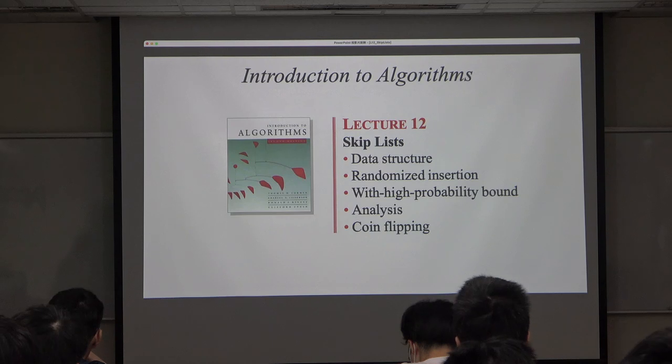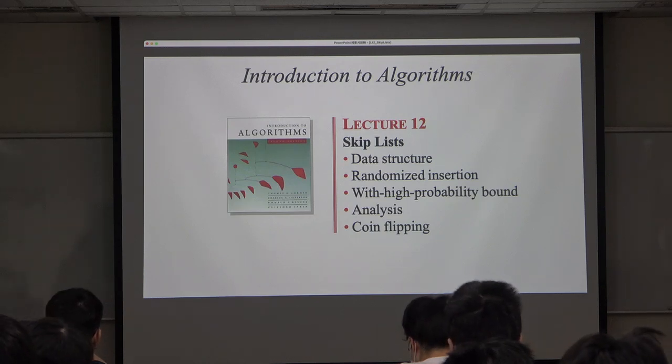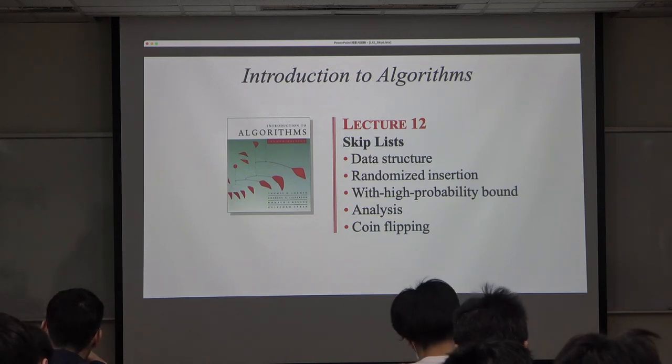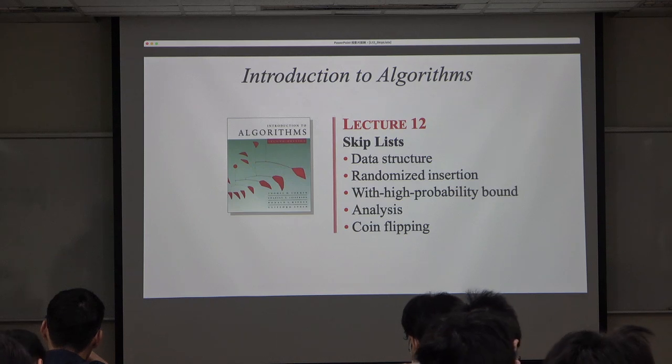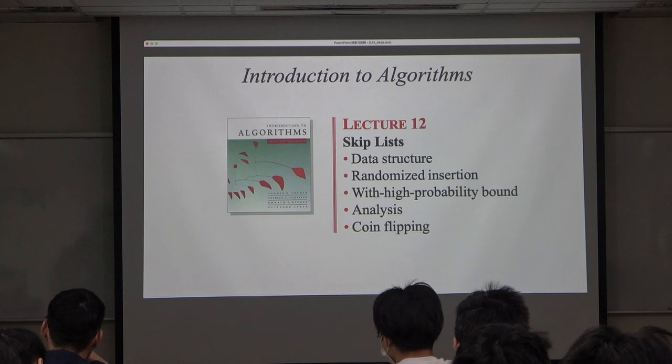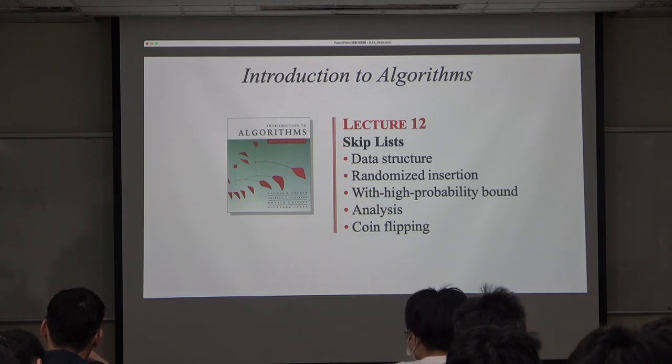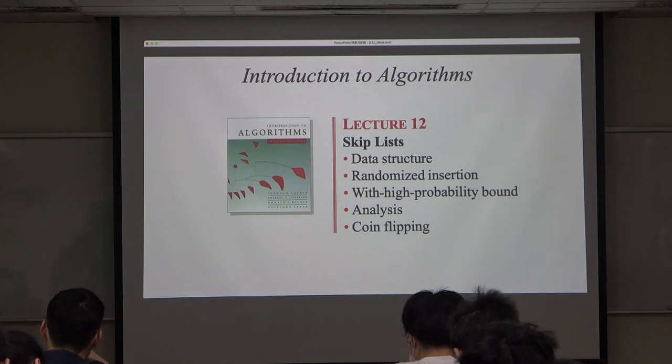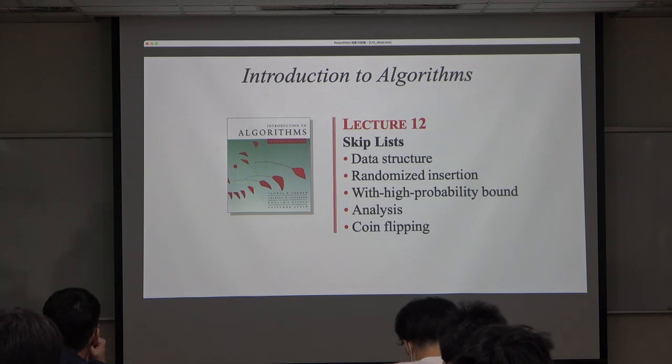Not only that, it is a balanced binary search tree. The second programming assignment involves writing some program for the binary search tree, so that's why I want to cover this. Let's begin.